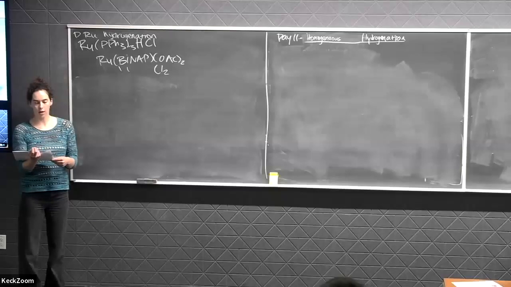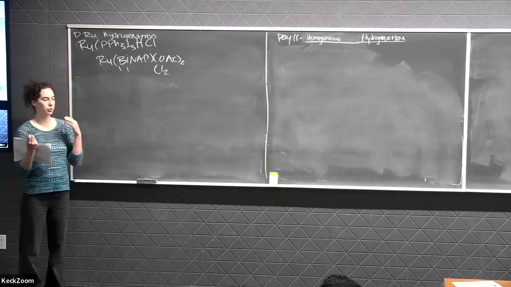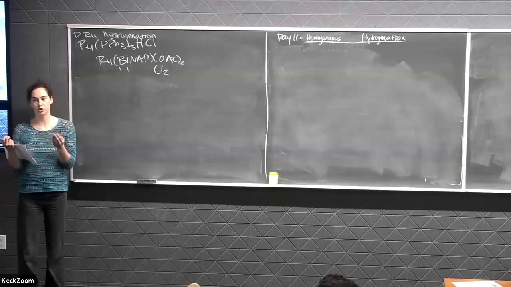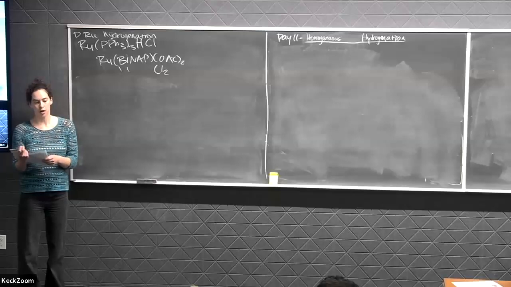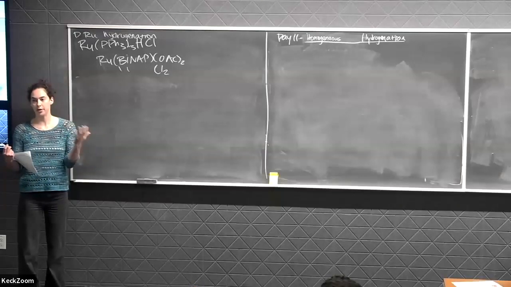So one point I'd like to make is, like I said earlier, these have been studied extremely thoroughly in the literature and are known very well. Talking a little bit about what we discussed last class in terms of figuring out a catalytic cycle and each elementary step within that.